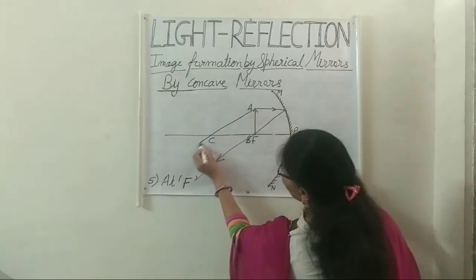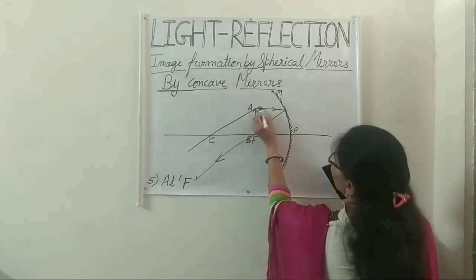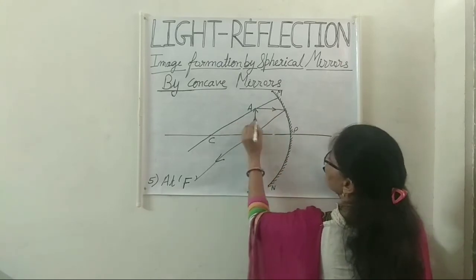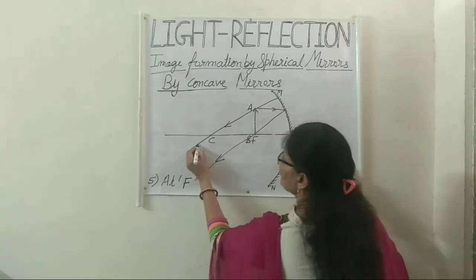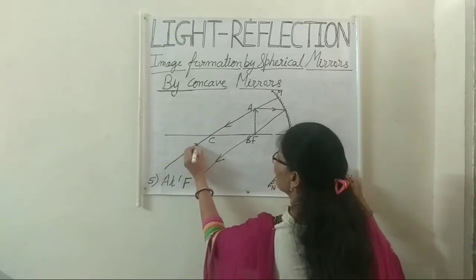When the incident ray passes through the center of curvature, then it will be reflected back in the same direction.